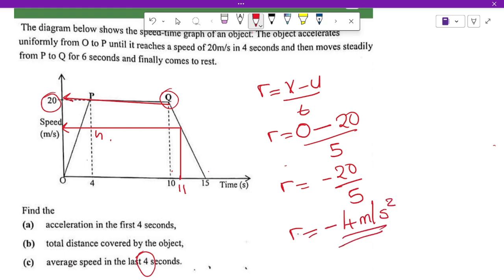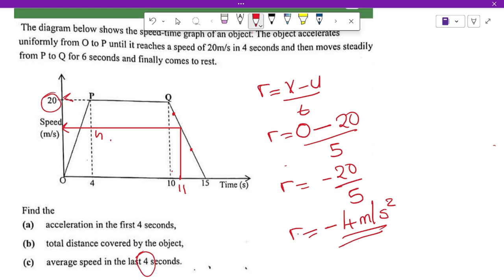That is retardation. Now that we know that the retardation from Q until it got to rest was negative 4 meters per second squared, we can now find the speed, because retardation at this point is the same as at this point. It doesn't change. It's like the gradient. The gradient is basically the slope of a line.